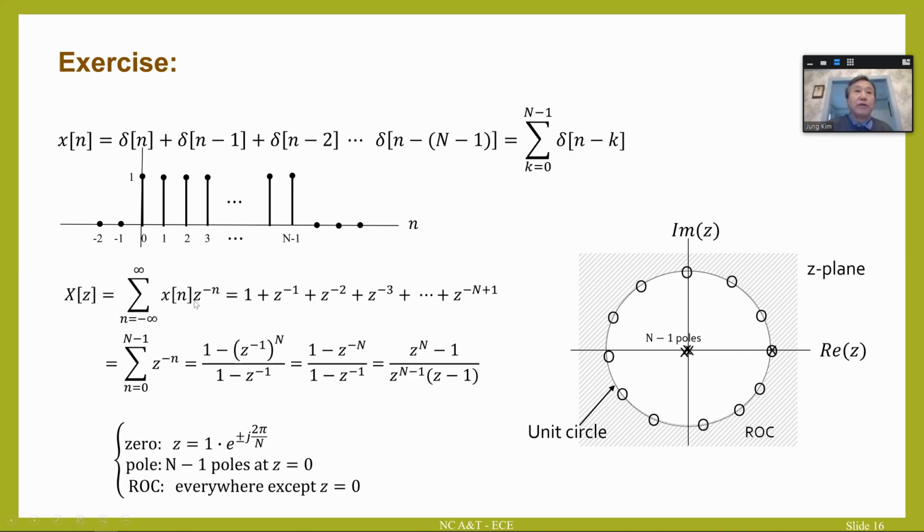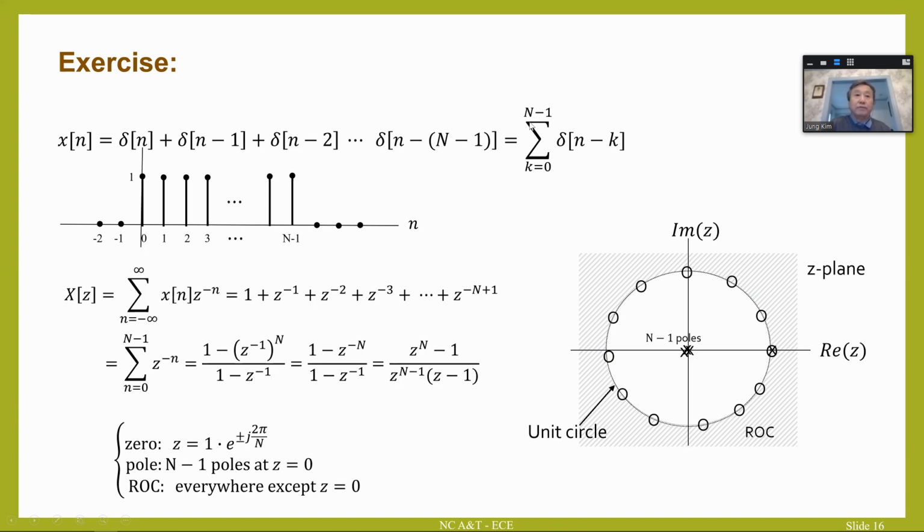Suppose we have many terms; we cannot just go one by one, starting from n equals 0, n equals 1, n equals 2, n equals 3, n equals 4. This is a series until the end. In this case the last point is n minus 1.